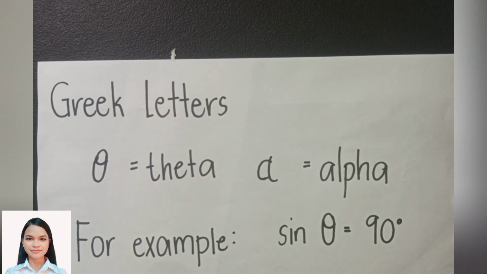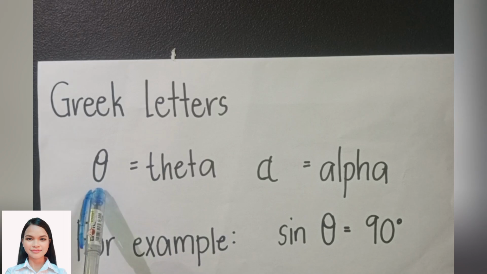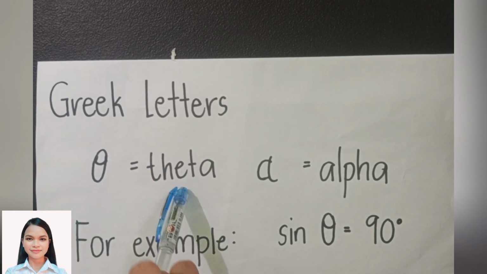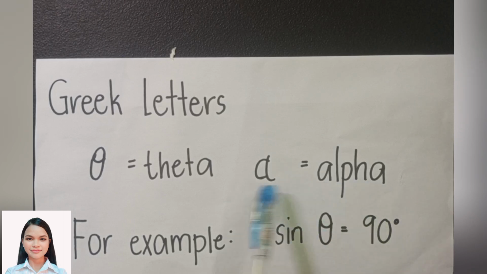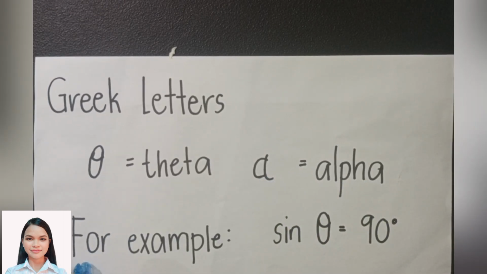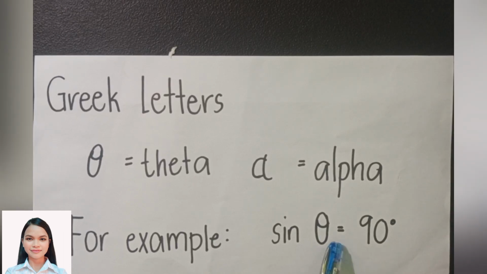There are 2 Greek letters that we will use in trigonometric functions. First is theta, which is written if you are using theta. And for alpha, this would be the symbol that you will be writing. For example, theta equals 90 degrees.